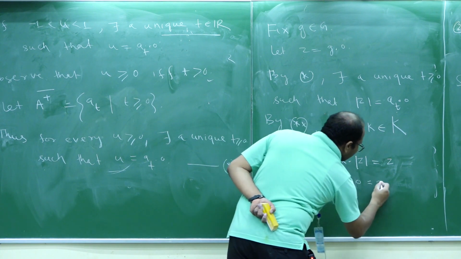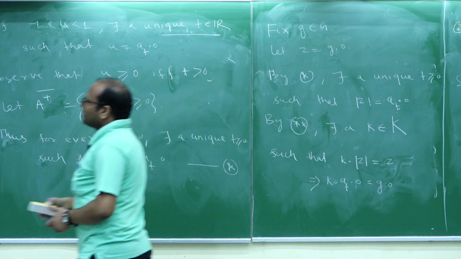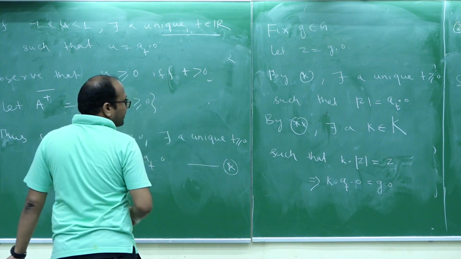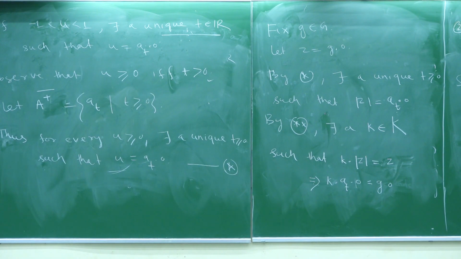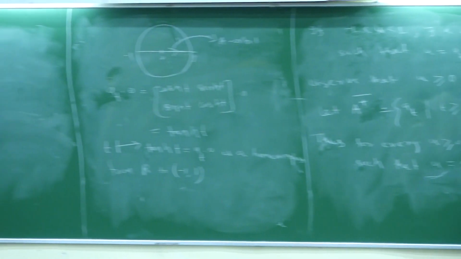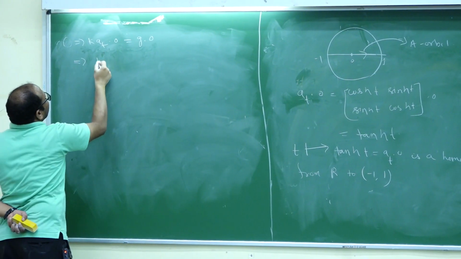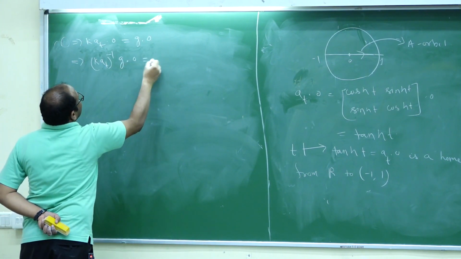And 0 is equal to 0, 0. So what I am getting here? By that thing I am getting k·g·0 is equal to a_t·0. Okay, 0 is equal to 0, 0. So if you take this, a_t inverse k g·0 is equal to 0.